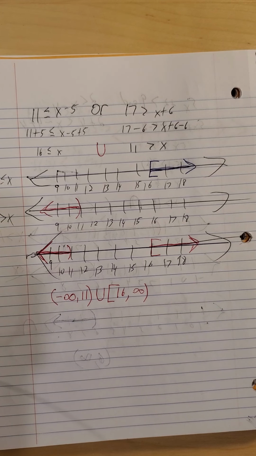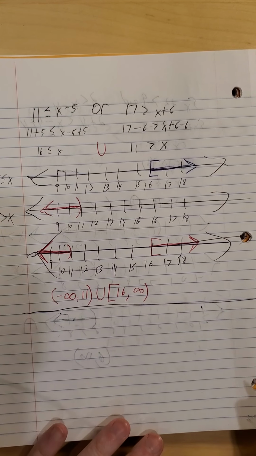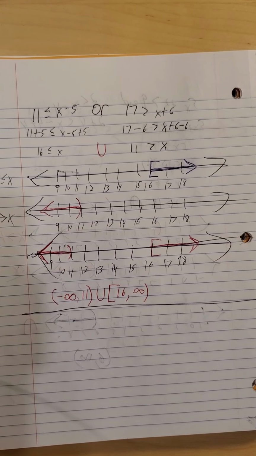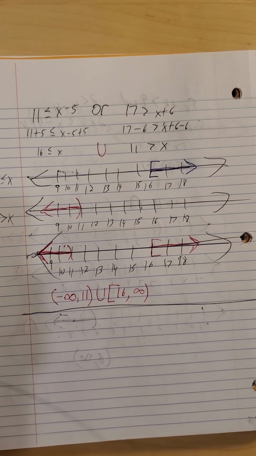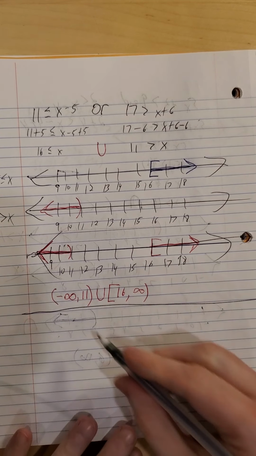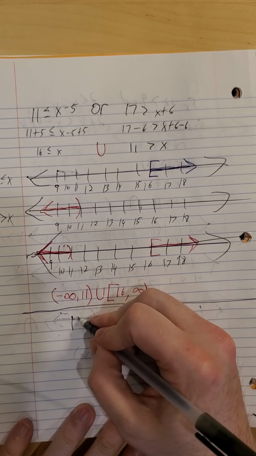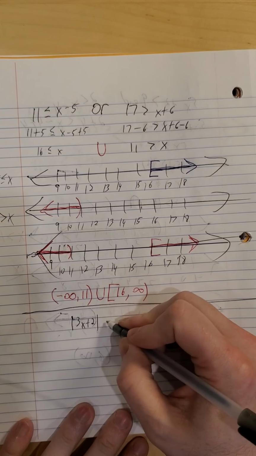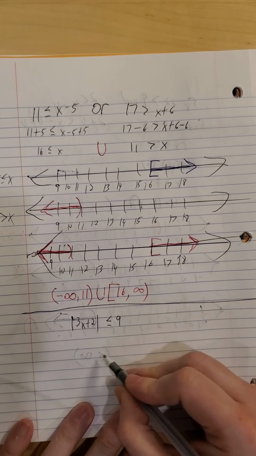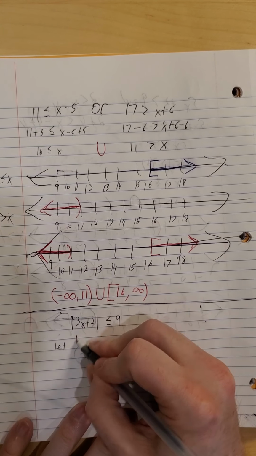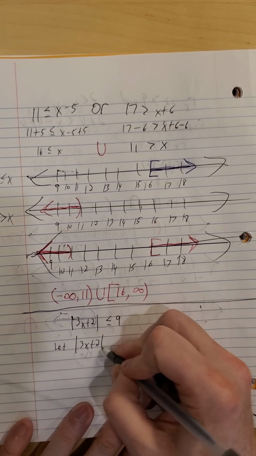So next we had our absolute values. And just like before, we're going to do the let line, pretend that we had an equation. So we're going to solve the absolute value of the sum of 3x and 2 is less than or equal to positive 9. We'll let this temporarily be an equation.